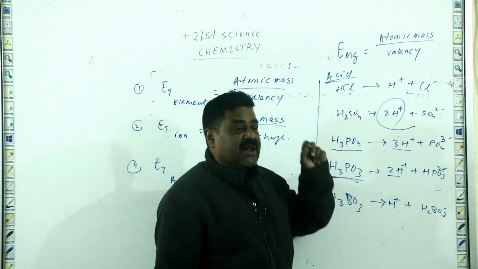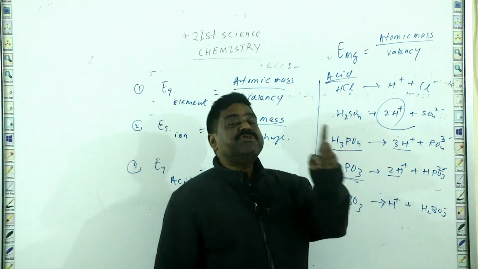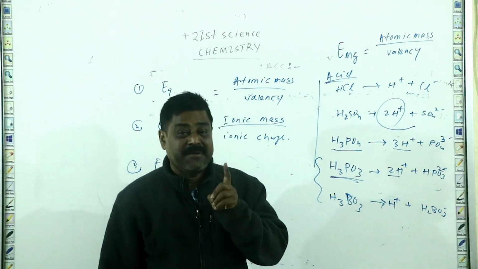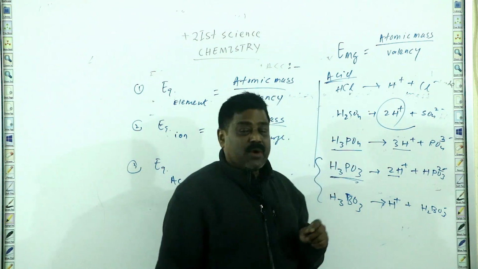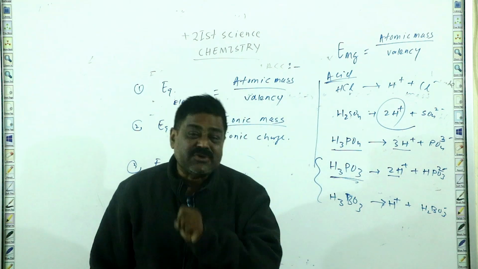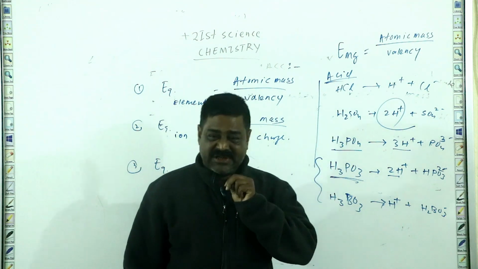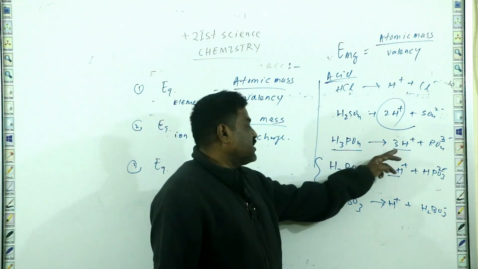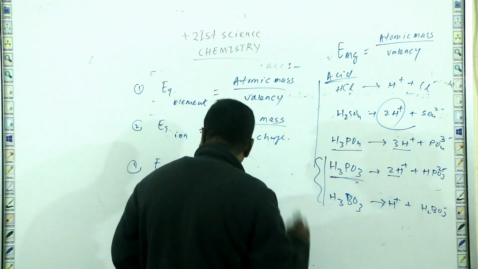Therefore HCl is a monobasic acid, its basicity is 1. Again, H2SO4 gives 2 H plus ions in the solution, so it is a dibasic acid and its basicity is 2. Likewise tribasic, basicity is 3. These two are exceptions though.